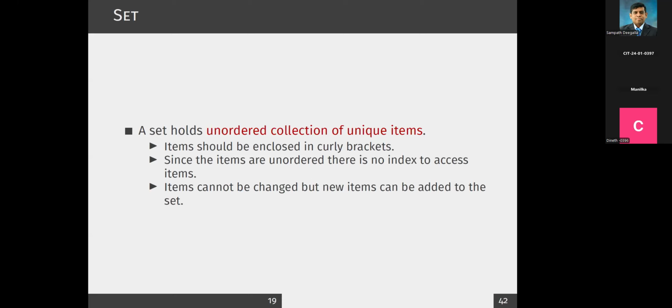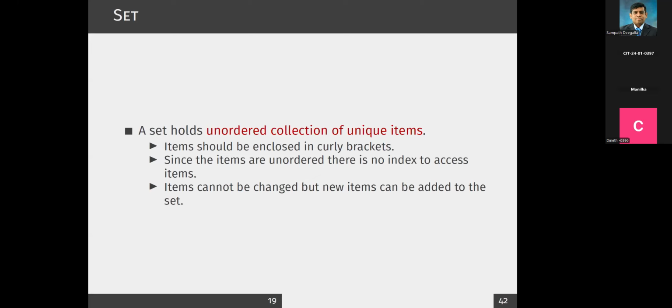So you have curly brackets and items comma separated. Then you are representing it as a set. You cannot change, but you can add new items. Why can you not change? Because you don't have a way of accessing an element, since there's no order. Make a note of this.